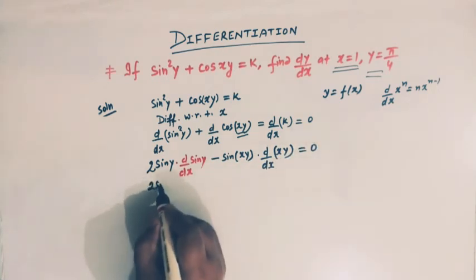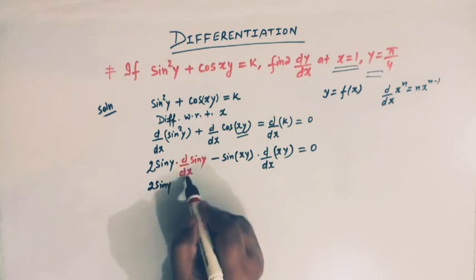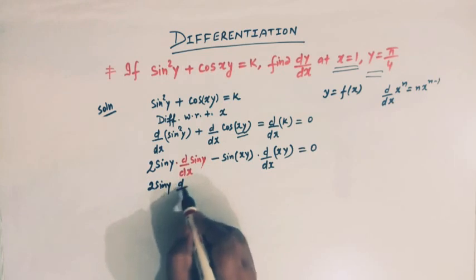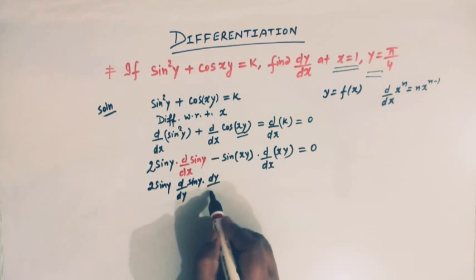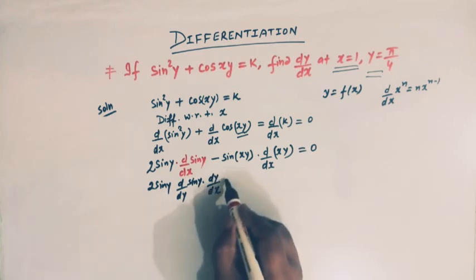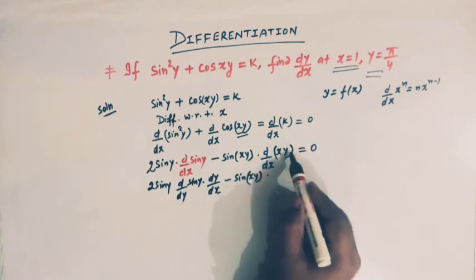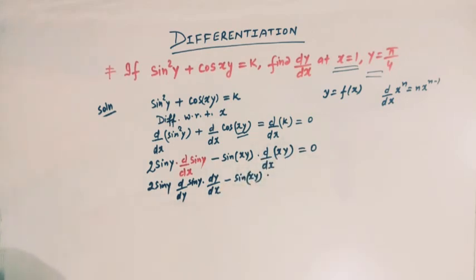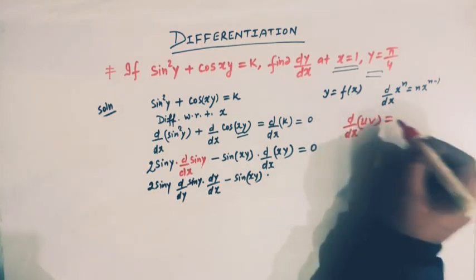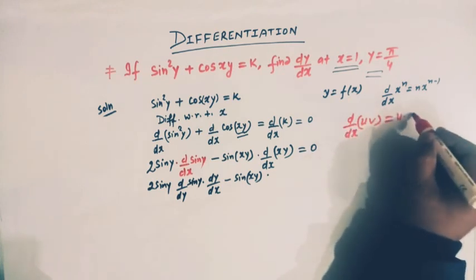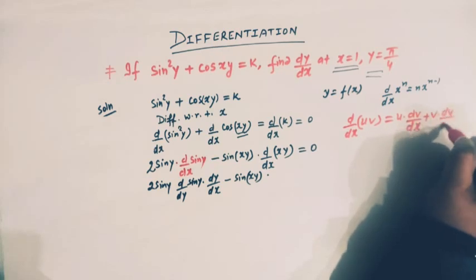So now we have 2 sin y, and here we have to differentiate sin y with respect to x. So again by chain rule we can write d over dy of sin y, and then we have dy over dx here, minus sin xy, and here applying the product rule, and the product rule says that if we have u and v, then this is first function times derivative of second, plus second times derivative of first, right?